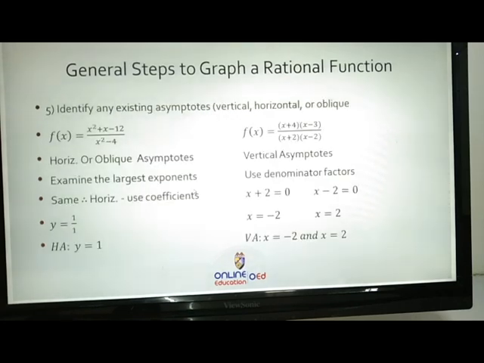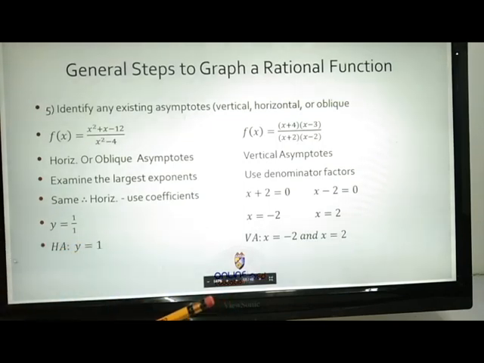Okay, now, step number 5, identify any existing asymptotes. Is it vertical, horizontal, or oblique? Okay, so for f of x equals x squared plus x minus 12 over x squared minus 4, and the factors. So for horizontal or oblique asymptotes, examine the largest exponents here, and then same for horizontal, you just have to use the exponents.